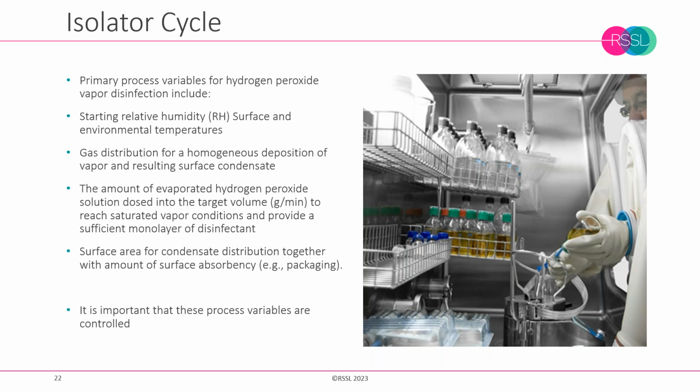So we need to understand the load patterns and load configurations and the shapes and dimensions, and obviously the more things we put in, the longer that cycle is going to take. Another factor is the relative absorbency of materials. Some materials can absorb different amounts of hydrogen peroxide.